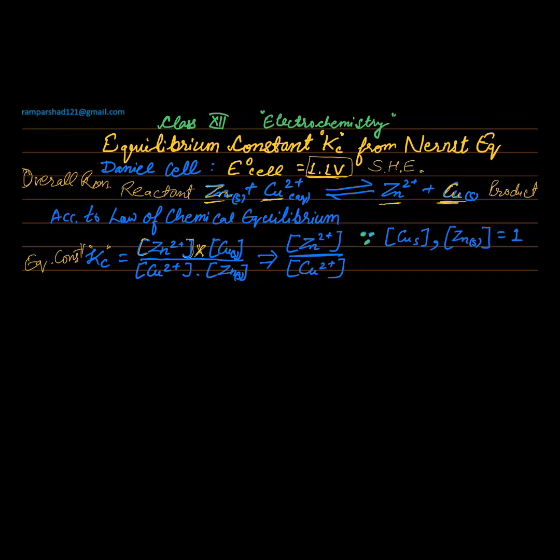So according to the law of chemical equilibrium, the equilibrium constant Kc is equal to the product of the concentration of the product. Concentration terms we write within the parenthesis, or we write it in the square bracket.